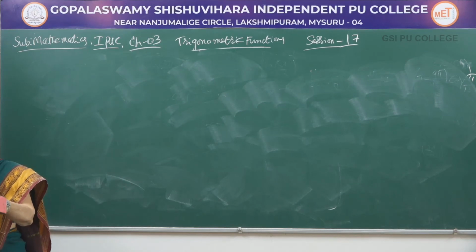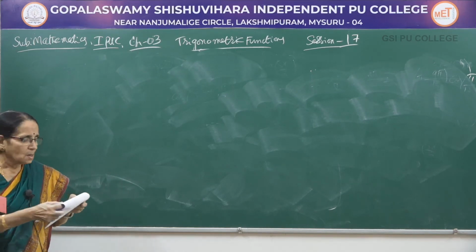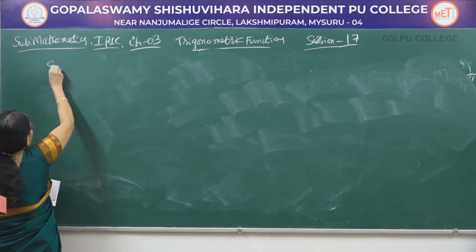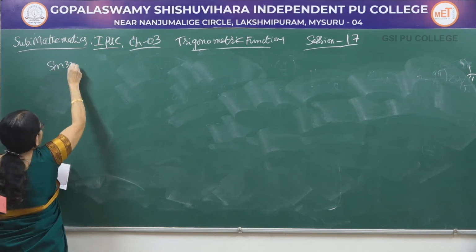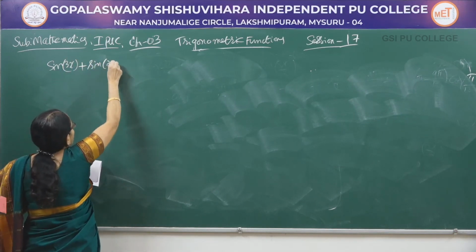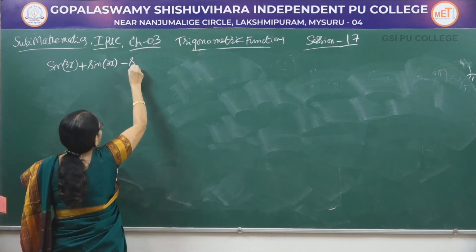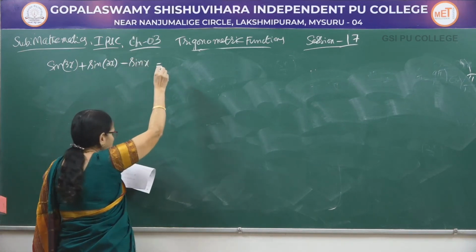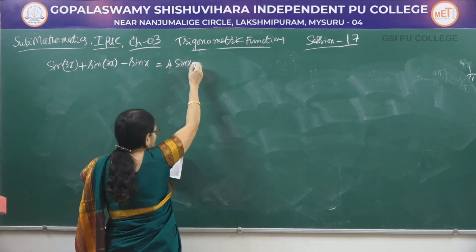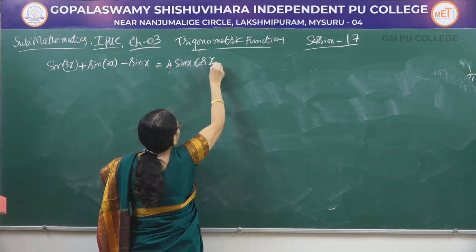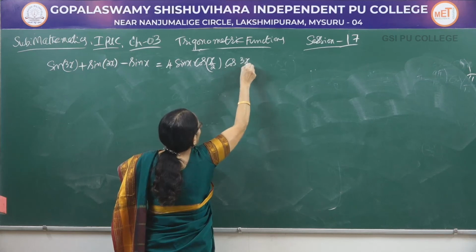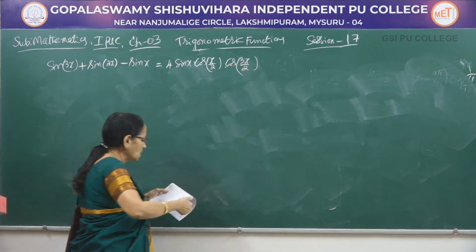Now the next problem is, here we are having 3 terms on the left hand side. Prove that sin of 3x plus sin of 2x minus sin x is equal to 4 sin x into cos of x by 2 into cos of 3x by 2.